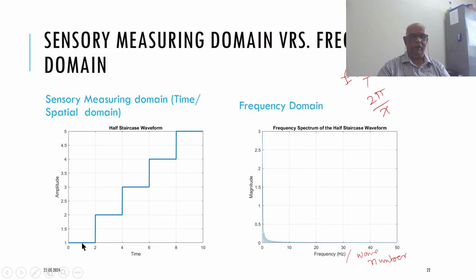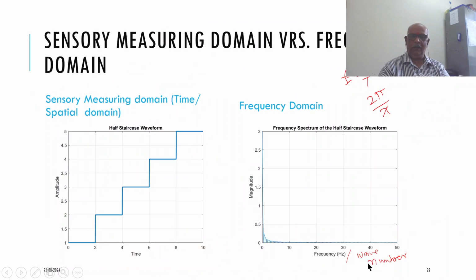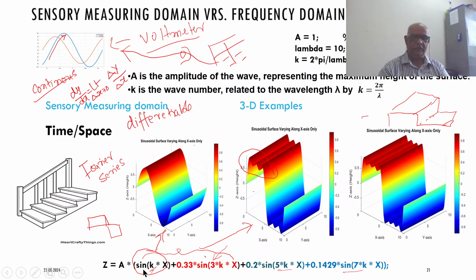So if I try to understand what are the frequencies, as here we have taken only four components: fundamental, third, fifth, and seventh. If I add, how many frequencies do I have to add and of what value? You can see here that the amplitudes are not the same.